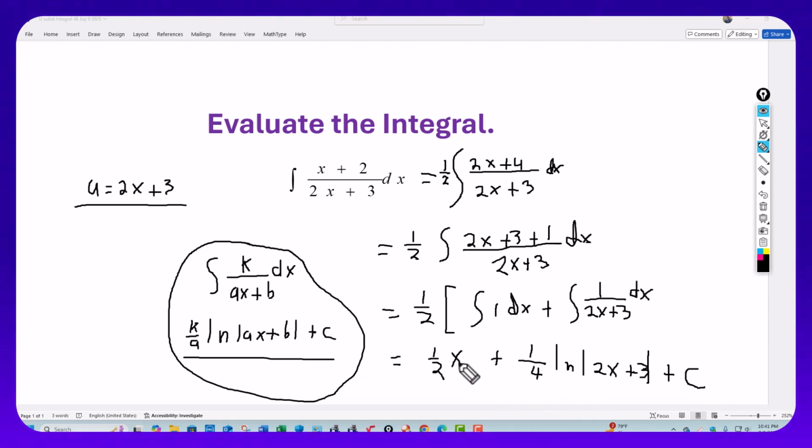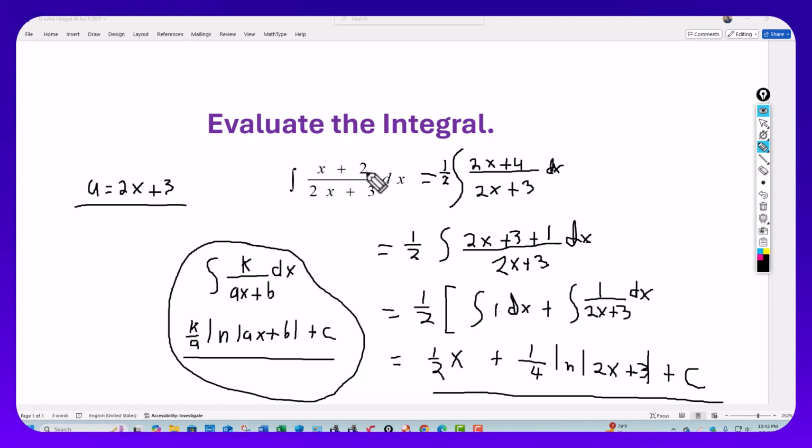So 1/2 x plus 1/4 times the natural log of the absolute value of 2x plus 3 plus the constant of integration. That's your answer here. Doing it this way. Again, if you use the substitution u equal 2x plus 3 and work it just like we do all problems involving u substitution, you should get this answer.